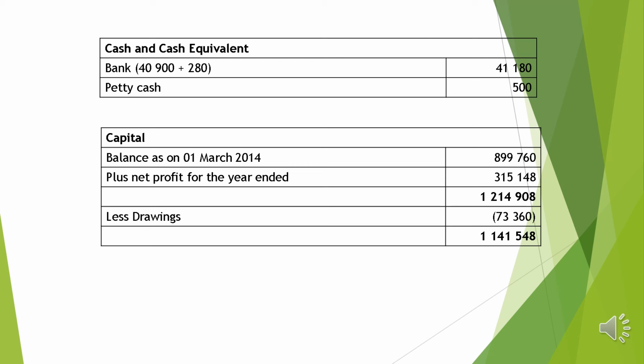So the statement of financial position is basically a summary of your notes to the financial statements and a few adjustments from your statement of comprehensive income, or income statement. Then your cash and cash equivalents. So we are looking at the actual cash.